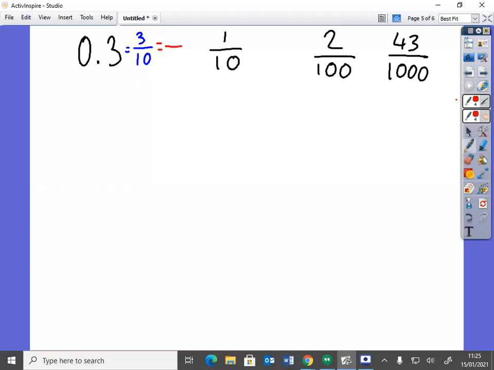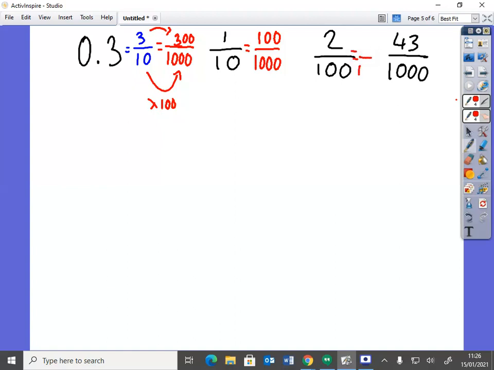3/10 I want as a number of thousandths. What I do to the bottom, multiply by 100, must do it to the top, which is going to give me 300. So I've got 300 thousandths there. Again, I have multiplied the denominator by 100, so I want to multiply the numerator by 100. Last one.